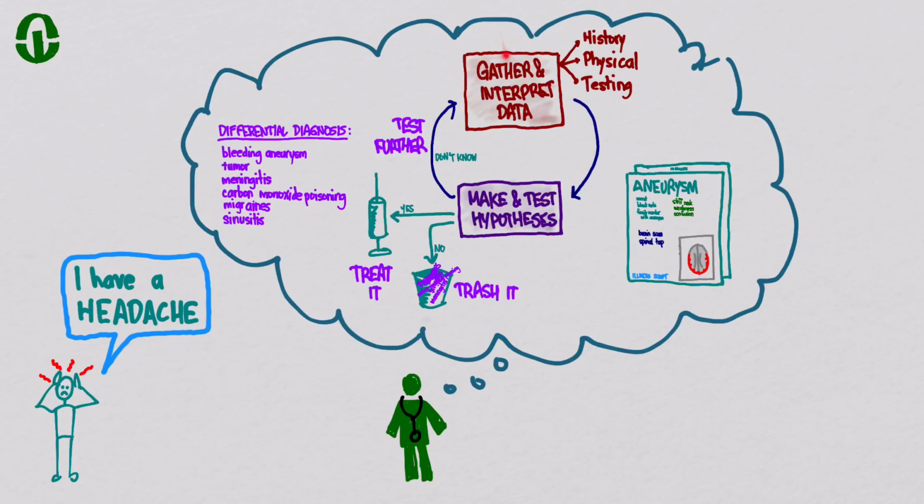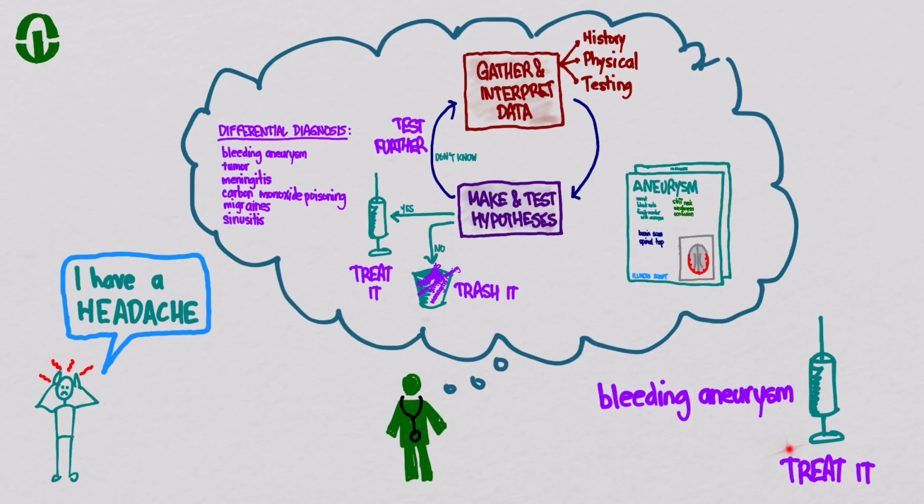And each time that we did it, we compared it against our illness scripts. And we used our differential diagnosis to look at which illness scripts we needed to look at. And we made a decision whether we needed to discard that diagnosis, whether we were able to treat it, or whether we needed more information in order to test further. And ultimately we came up with a diagnosis that we were able to treat.